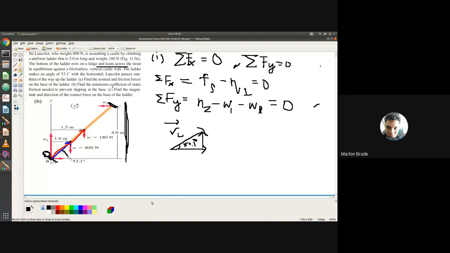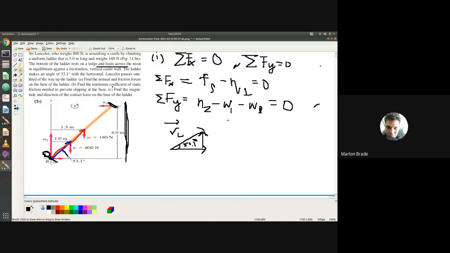For the ladder, I don't know where its center of gravity is. But okay, the first question is: find the normal force and the frictional force on the base of the surface. So, the normal force on the base.